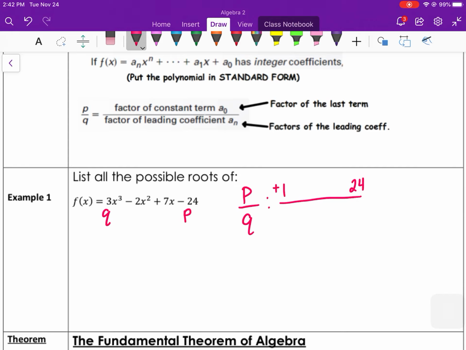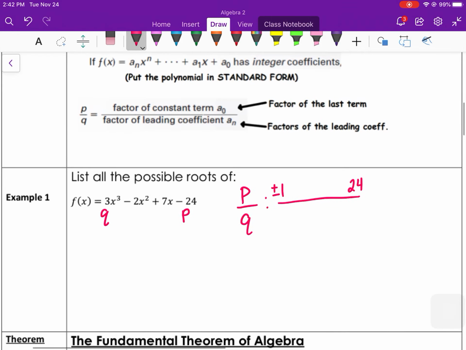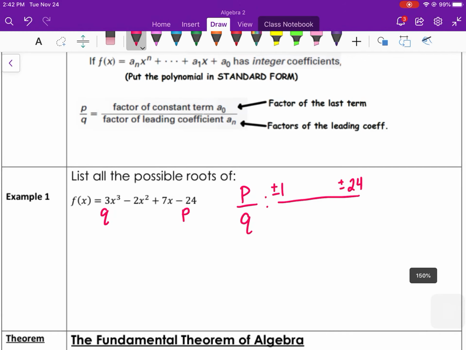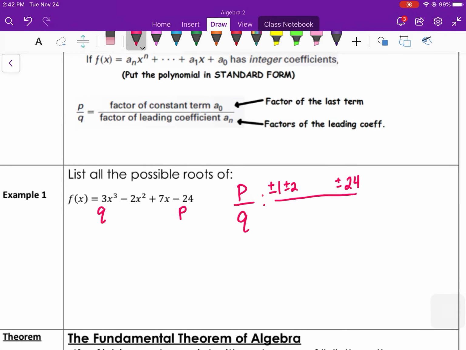So it's actually positive 1 and negative 1, positive 24, negative 24. Or you can get 24 by 2 and 12, so positive 2 and negative 2 and positive 12 and negative 12. And you can get 24 with 3 and 8 and 4 and 6.